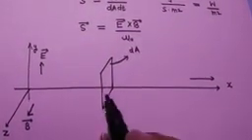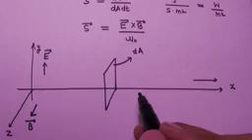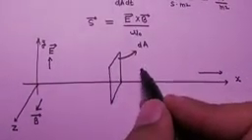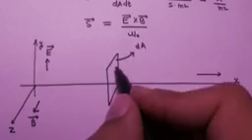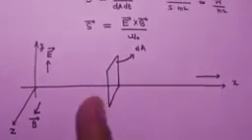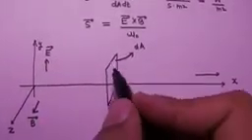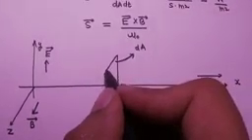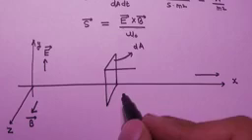Now the electromagnetic wave travels with speed of light c. So in dt time interval, the energy that crosses this cross-sectional area will travel the distance dx.